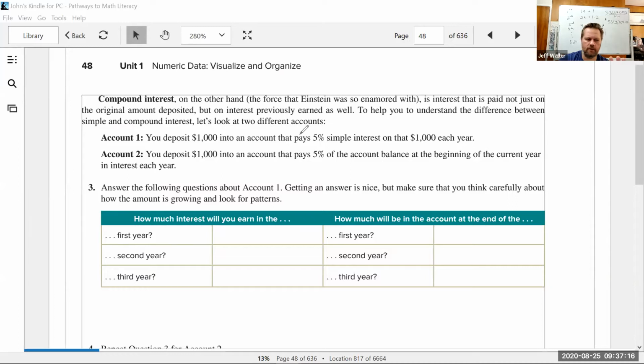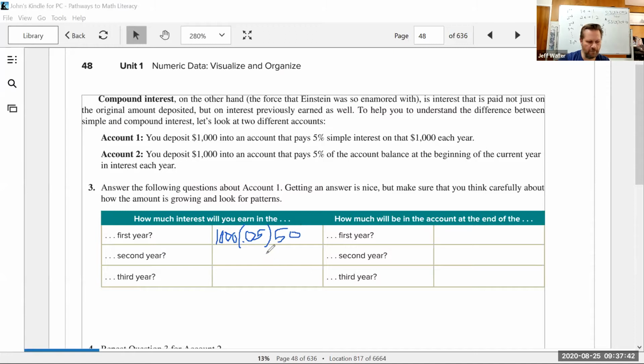All right, so all he did was 1,000 times 5%. What's 5% as a decimal? 0.05. So that's $50.